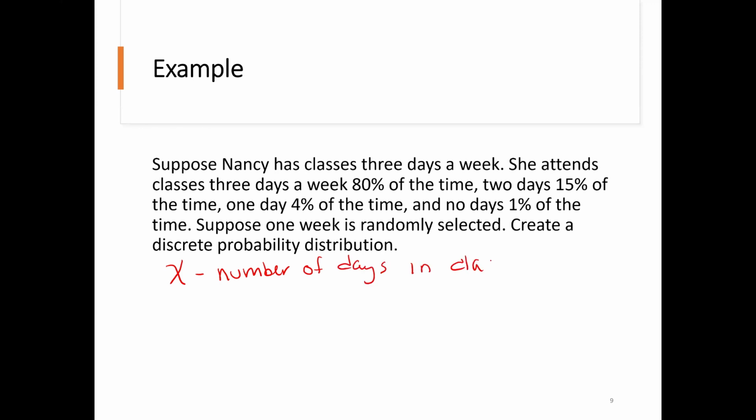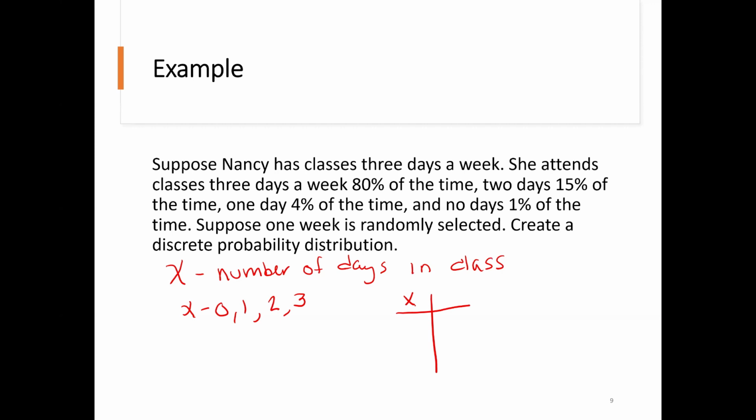And what values do these random variables take on? So 0 through 3? She's either in class no days, 1 day, 2 days, or 3 days, in a 3-day-a-week attendance. Okay, so what does my distribution look like?